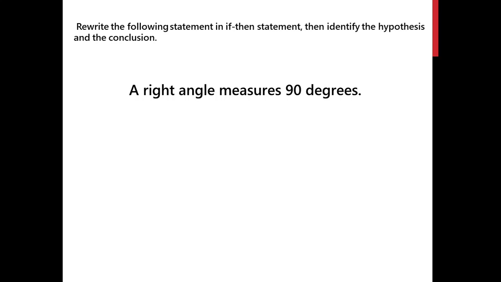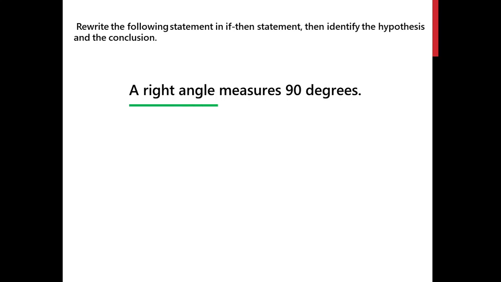If the statement does not have any linking verb, all we need to do is to separate the statement into two parts, because we all know that an if-then statement is composed of a hypothesis, which states the given facts assumed to be true, and the conclusion. So from here, we can divide this one into two.